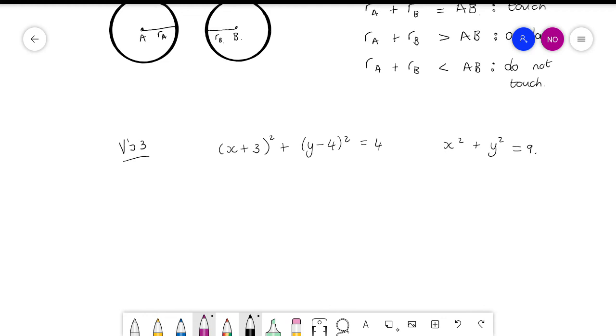This circle's midpoint is what? What will the midpoint of that circle be? I'm going to call that MA.